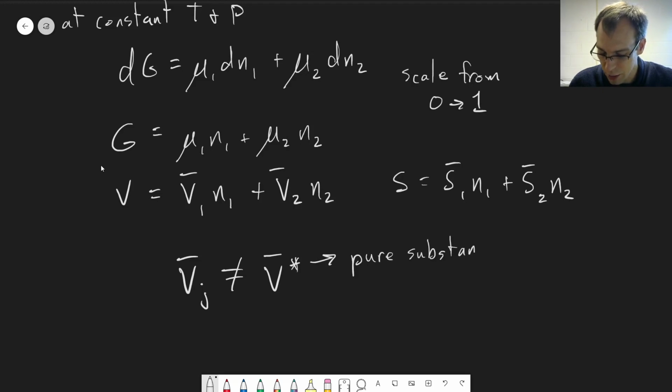They will often be close to each other, but they will not be exactly the same. So in the next video, we'll look at how molar volumes specifically, but this applies to all these other ones, how these will change as a function of concentration in our system.